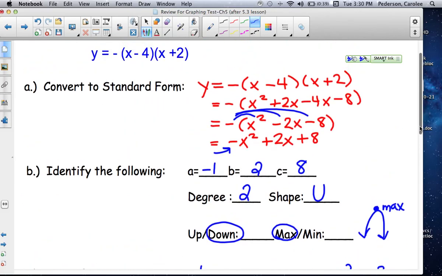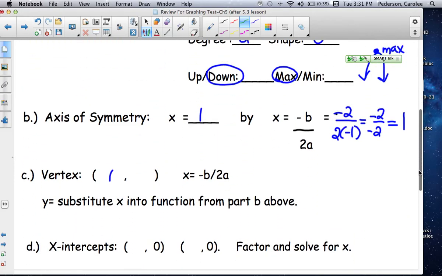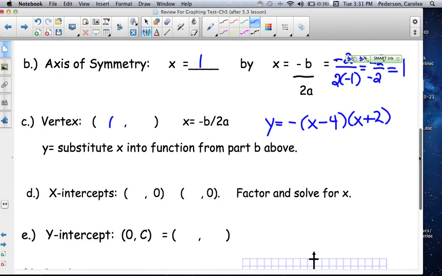We can either use this one here in the blue or this one here in the red. Let's use the blue, the original. That's in factored form. So now we're going to substitute 1 into this blue equation to solve for y.